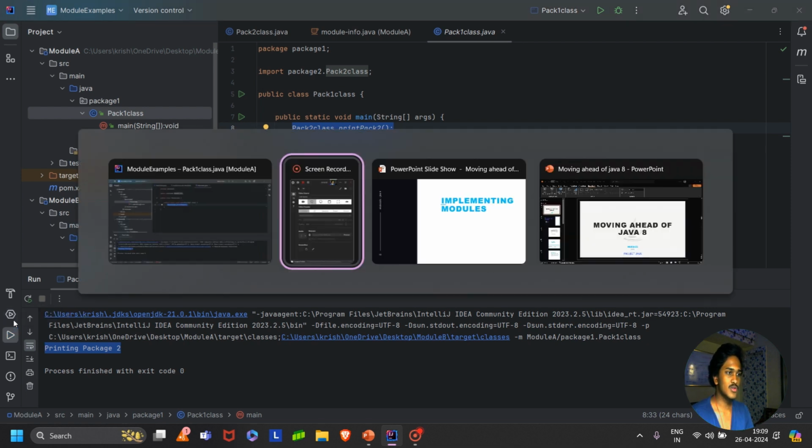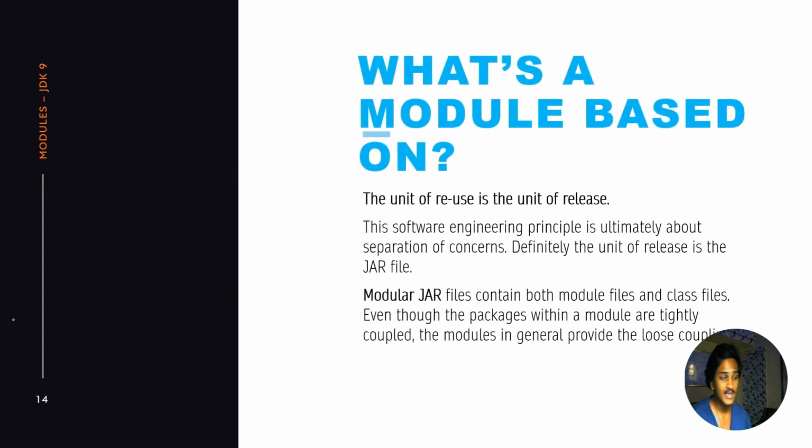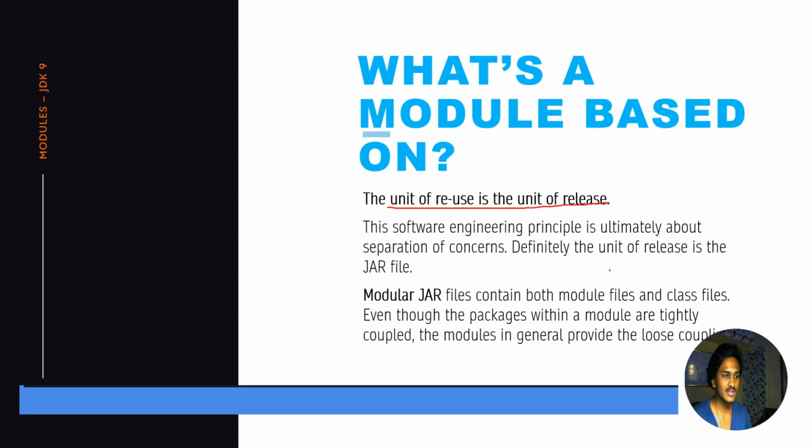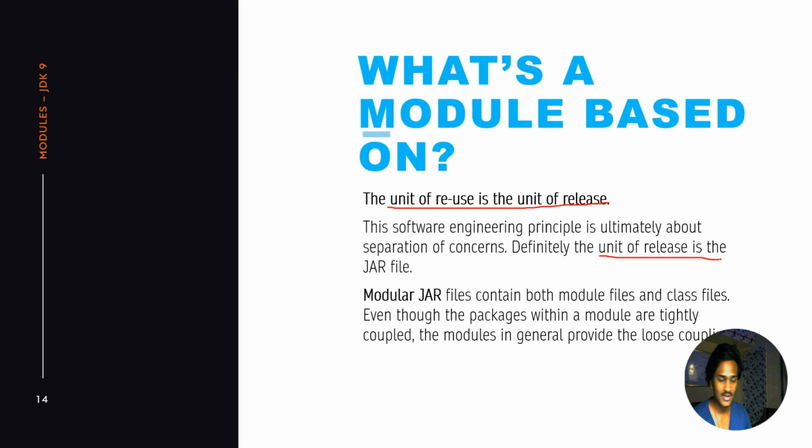So what is a module based on? It's based on a software engineering principle which says the unit of reuse is the unit of release. Java follows this. Whatever the scenario, the unit of release is a jar file, or what we know as a Java archive file.